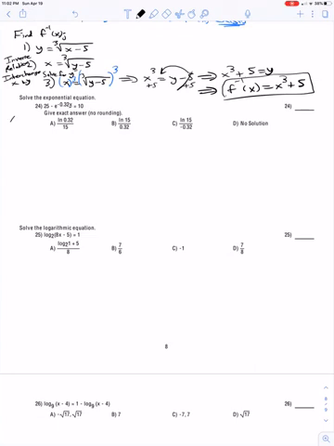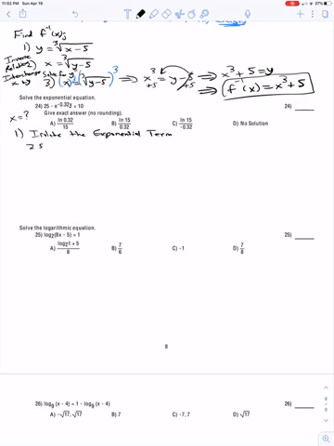So we've got to solve for x. We want to know what x equals. Our first step is to isolate the exponential term. So we're going to solve this algebraically. We're going to work on getting x out of the exponent. We've got to isolate the exponential term. So let's go ahead and do that.